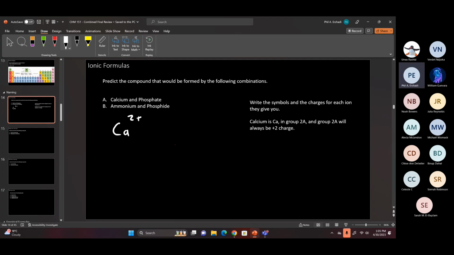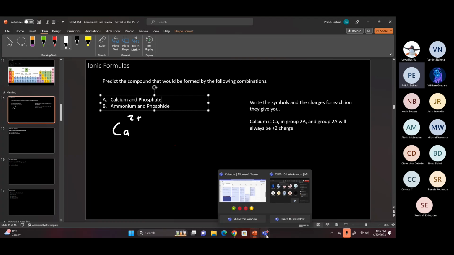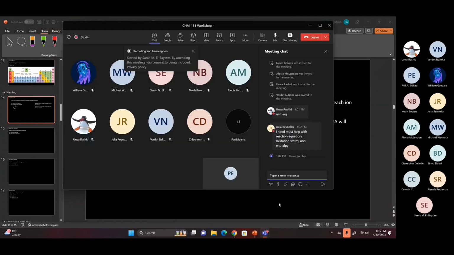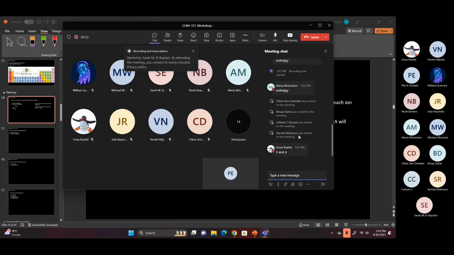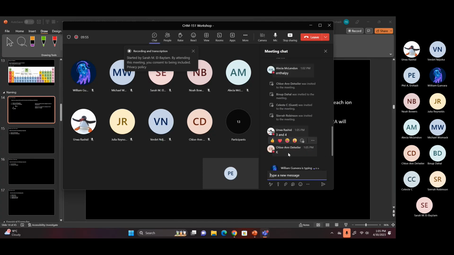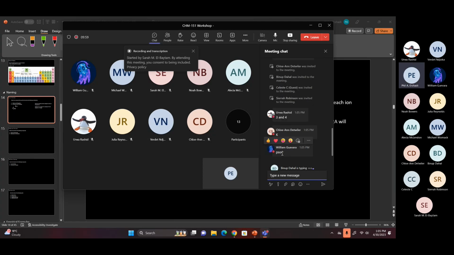And now, I'm going to throw this question to the chat. This will be for you folks. What is the symbol and what is the charge for phosphate? Does anyone remember that one? Phosphate. Now, K is potassium. We're looking for phosphate.